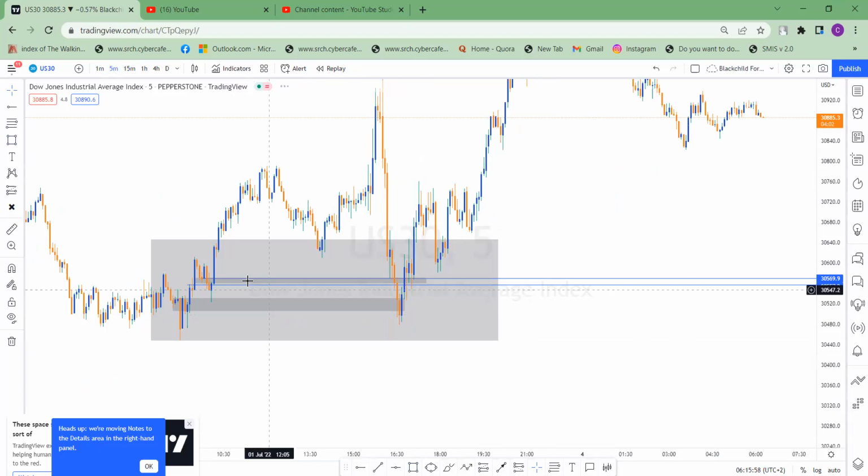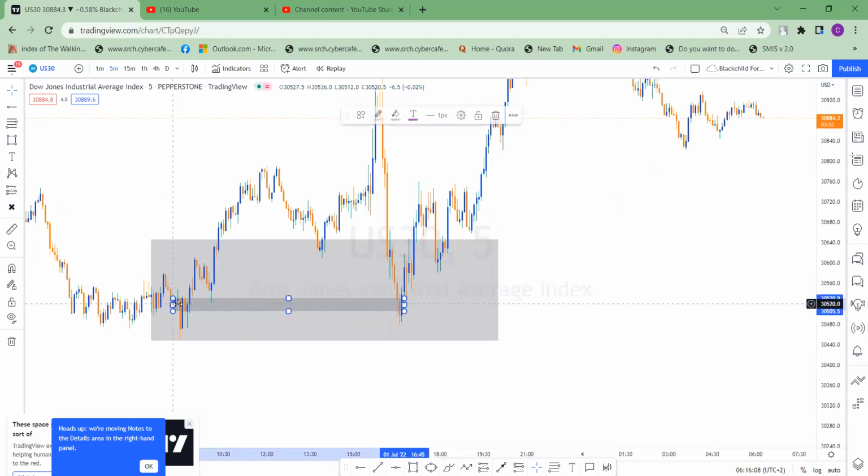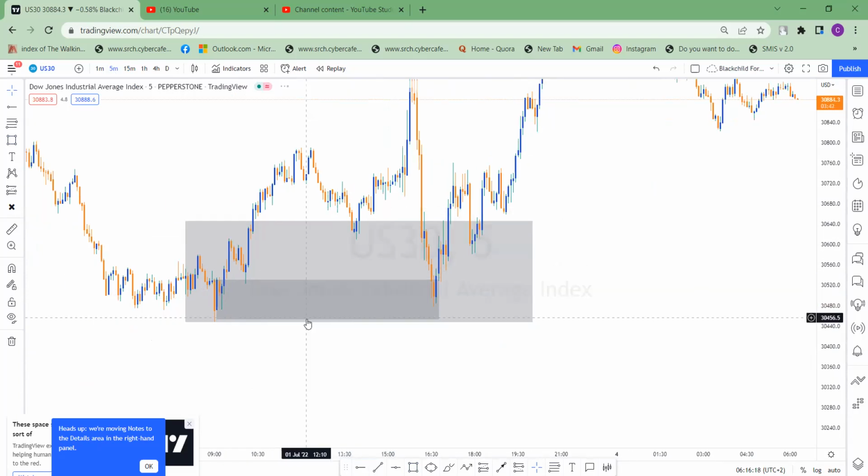If this one doesn't work, remove it. We're actually defining the entries, trying to find out which entry is actually good. In this case, this might be our perfect entry, but always remember the bottom is very important because that's part of our discounted area.